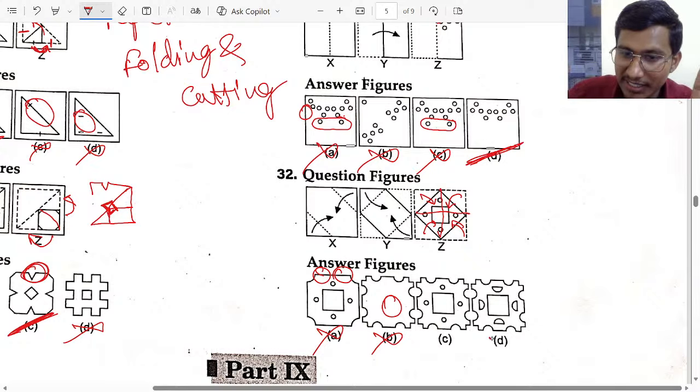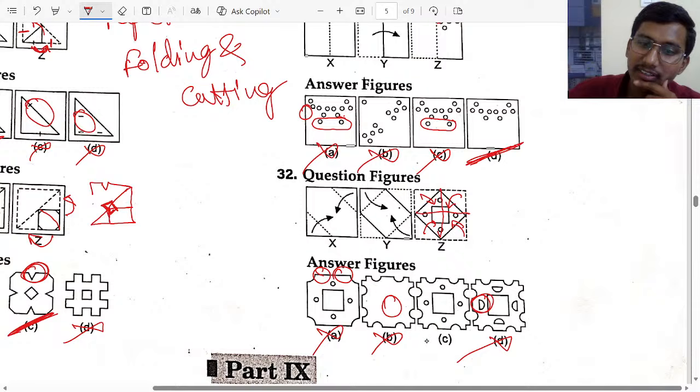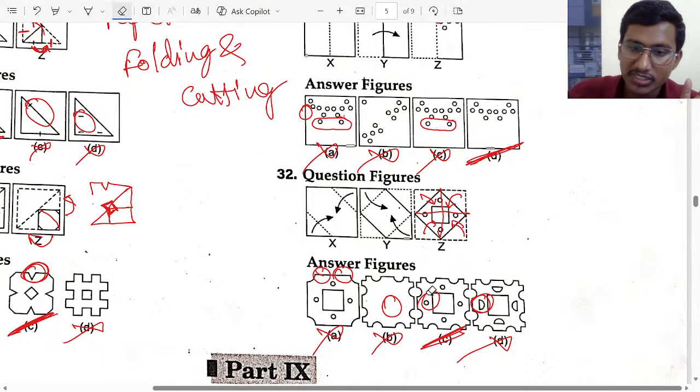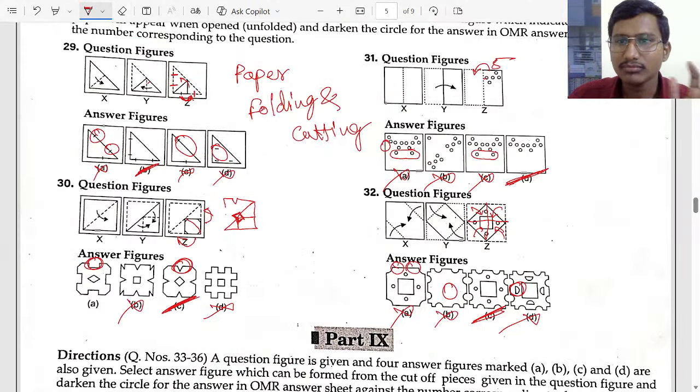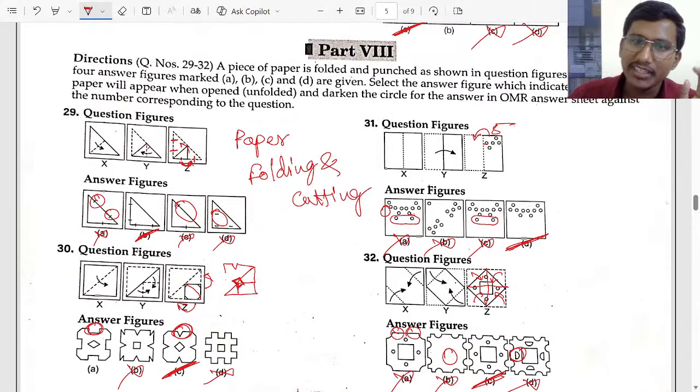And D is not the answer because this is a half circle, right? So which is the answer? Option C is the answer, very easy, right? That is a full circle here. This is how you have to go with the options and do it. This is part 8, paper folding and cutting.